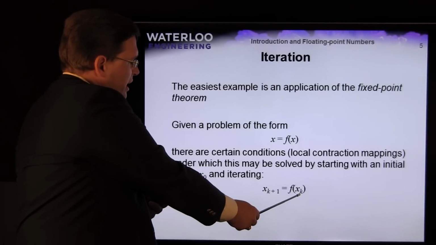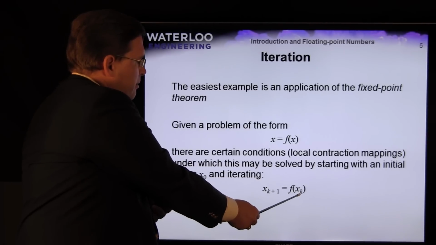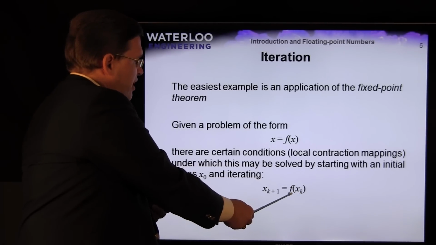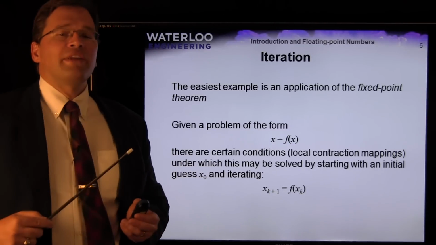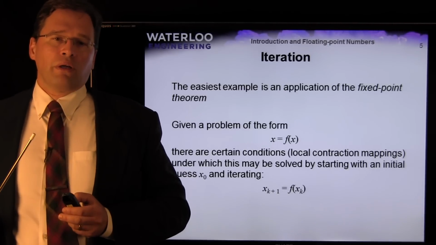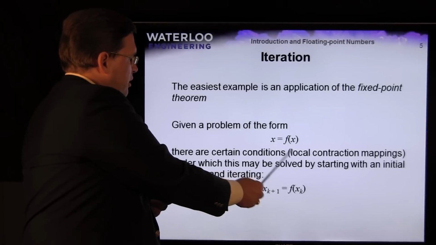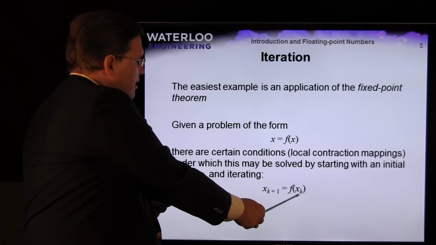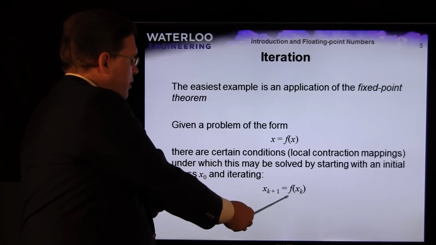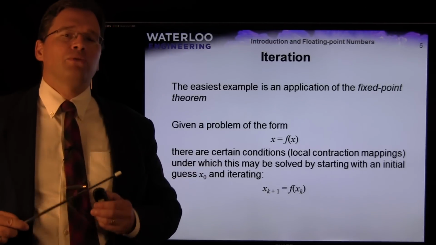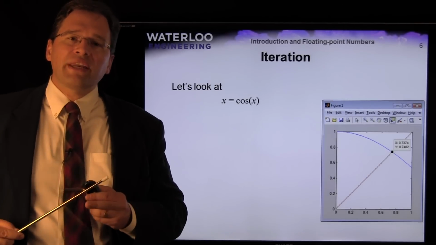Given an initial guess x sub k, we can evaluate the function at the point x sub k and assign that to the next value x sub k plus 1. So now we're changing an equation into an iterative technique: take x sub k, evaluate f at that point, and assign that value to the next point x sub k plus 1.